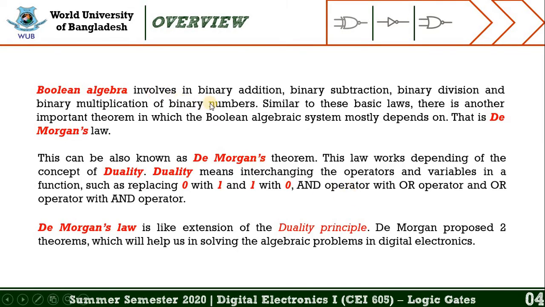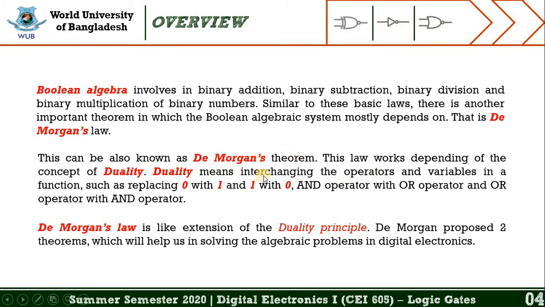Boolean algebra involves binary addition, binary subtraction, binary division, and binary multiplication of binary numbers. Similar to these basic laws, there is another important theorem on which the Boolean algebraic system mostly depends, that is De Morgan's law. This can also be known as De Morgan's theorem. This law works depending on the concept of duality.